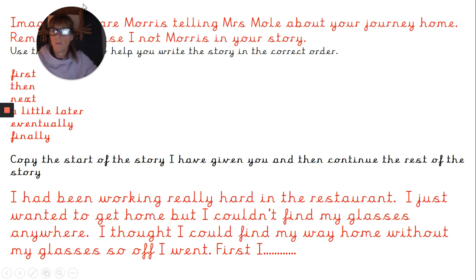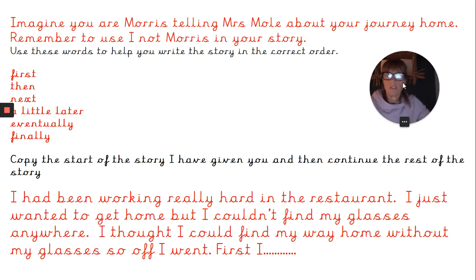So what I want you to do for your literacy lesson, I want you to imagine you're Morris Mole and that you're telling Mrs. Mole about your journey home. So if you're Morris Mole, you use the word I, because the whole story is you being Morris.